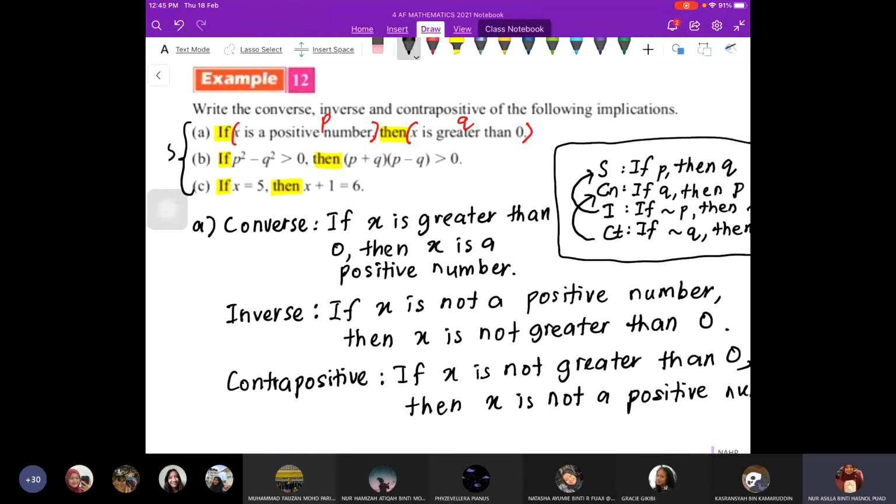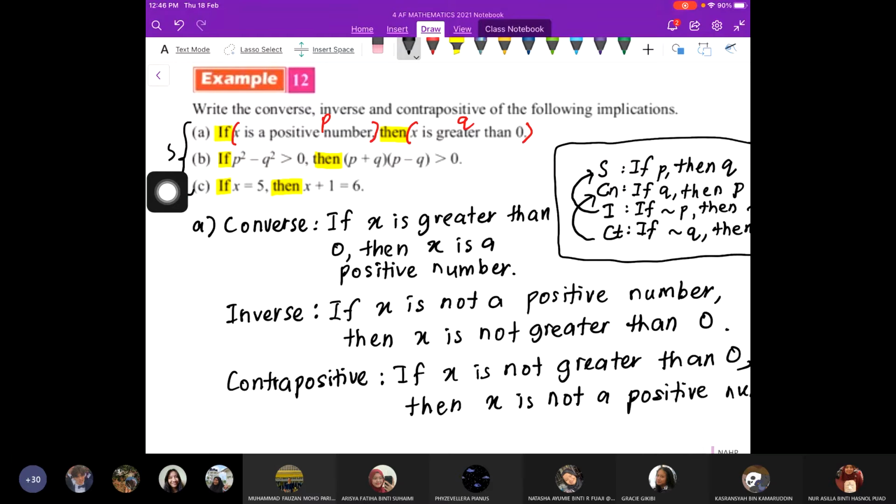Itu kan Miss? Itu saja. Okay, alright, betul. So the answer will be converse is if P plus Q, P minus Q greater than 0, then P square minus Q square is greater than 0.